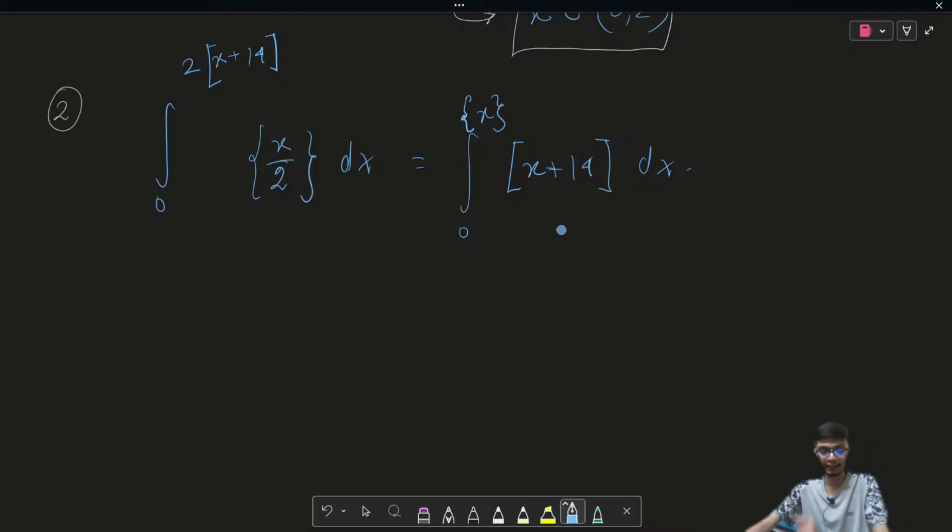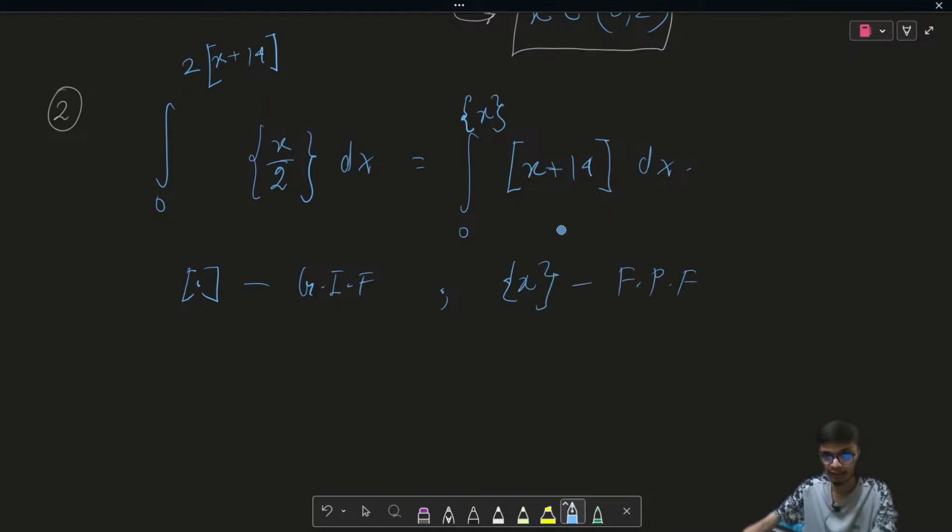So if these two integrals are equal, where this square bracket denotes the greatest integer function, shortly written as GIF, and this curly bracket denotes the fractional part function, FPF, right?